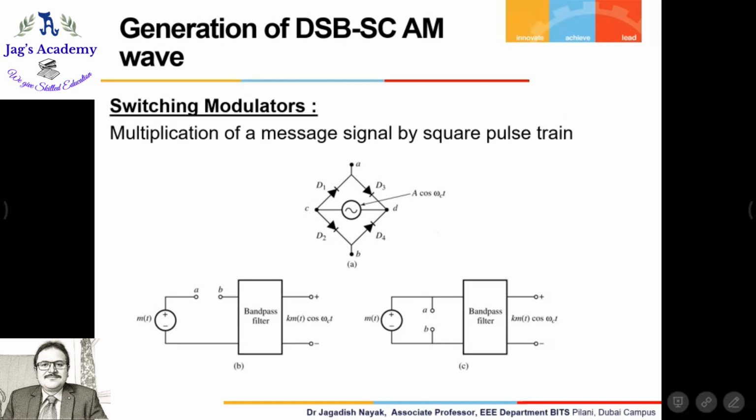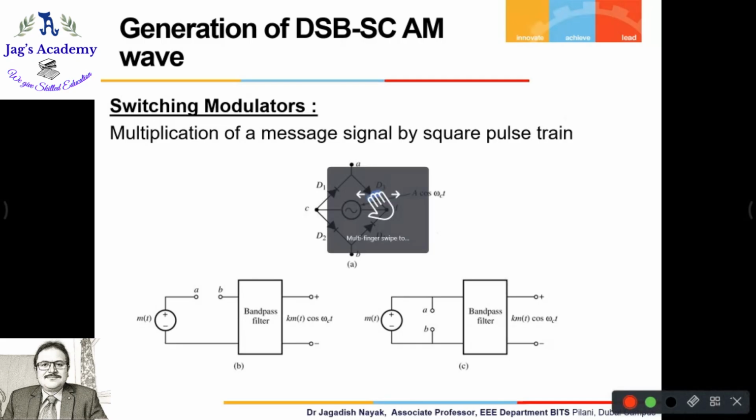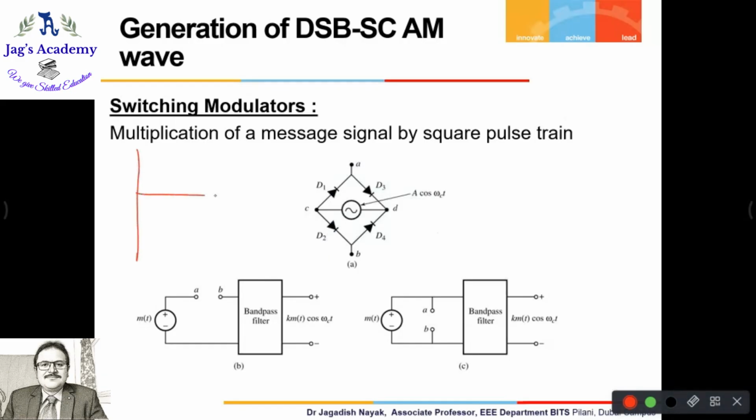So now, can you tell me, suppose this is your A cos omega ct, can you draw the A cos omega ct? Of course, I have to draw a little abrupt signal.